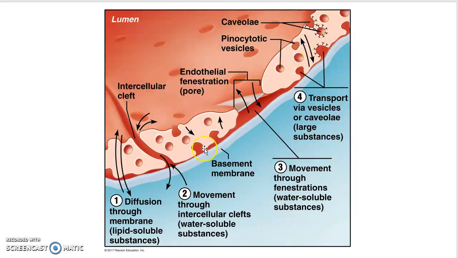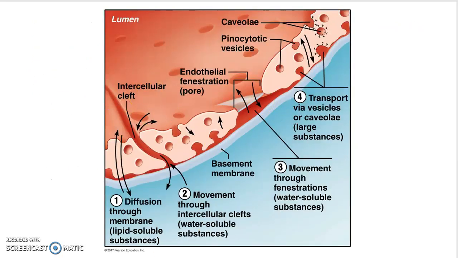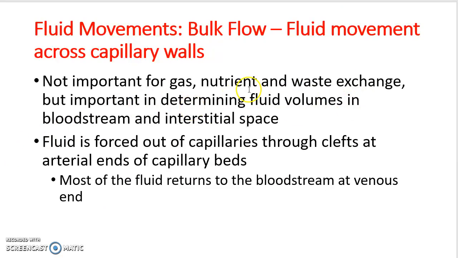So this figure is indicating small molecule movement, nutrient movement, gas exchange, how that happens. But there's another type of movement that we need to consider called bulk flow, which is big volumes of fluid moving across the capillary walls. So we just discussed gas, nutrient, and waste exchange by these four mechanisms. But fluid movement is where you get large amounts of fluid moving between the surrounding tissues and the blood vessel.